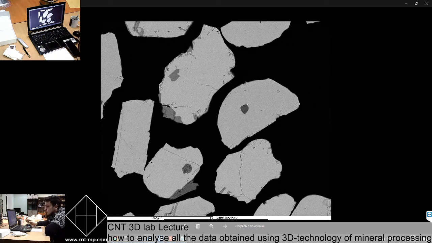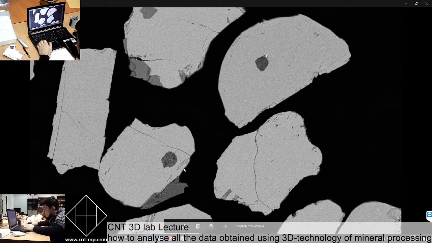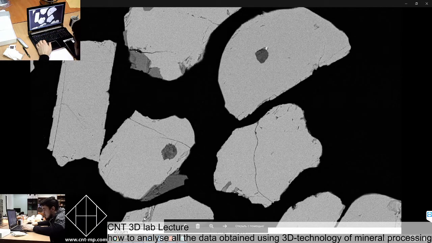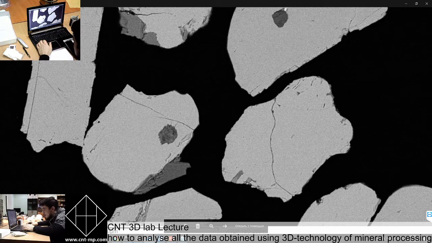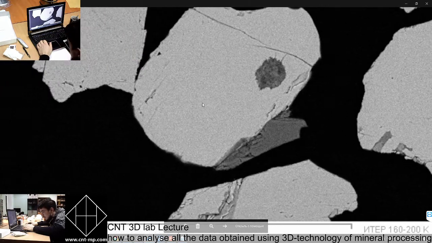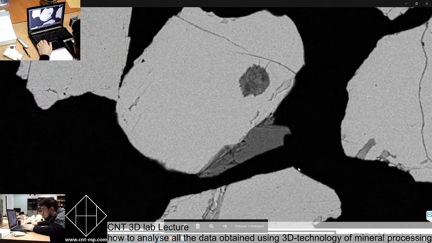So using different image editors, we can move this scale bar and also make the font bigger, because I cannot see how much scale here.